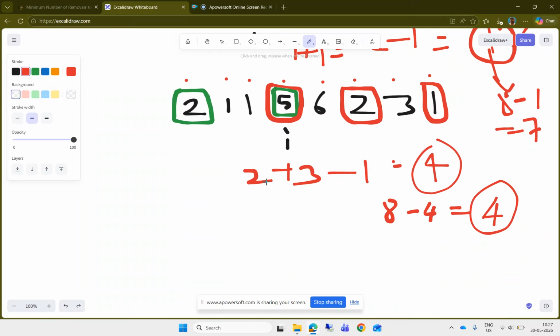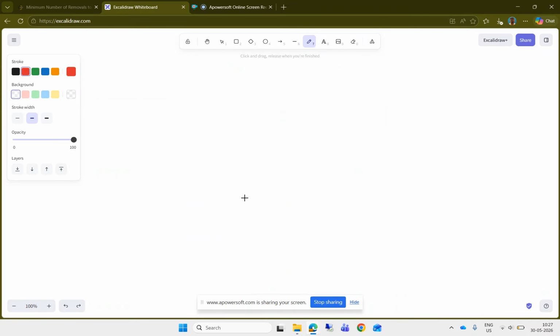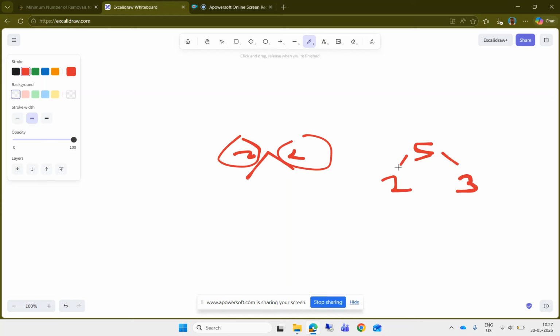That means the increasing subsequence has to be at least length 2, and the decreasing subsequence has to be at least length 2. That means this is one of the simplest valid mountain arrays that we can find, right? 5 2 3.